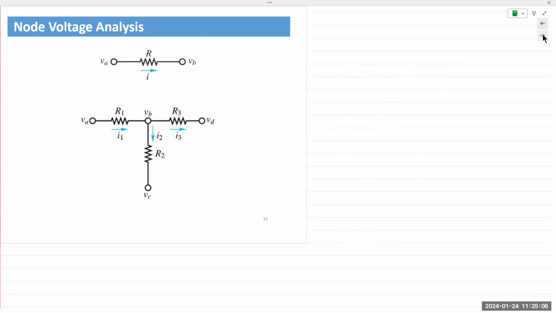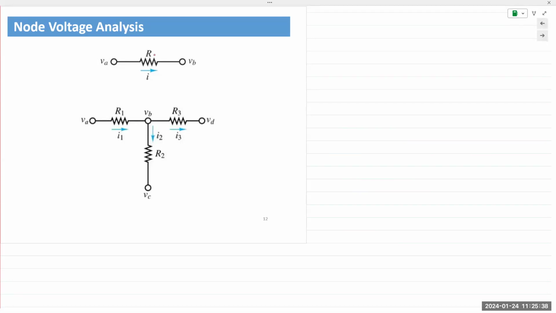In node voltage analysis, our unknown variables are the node voltages, and so we wish to write equations for those unknown node voltages. The technique we use to write equations is KCL, Kirchhoff's current law. Node voltage analysis requires current law. And again, it will make more sense when we get to an example.